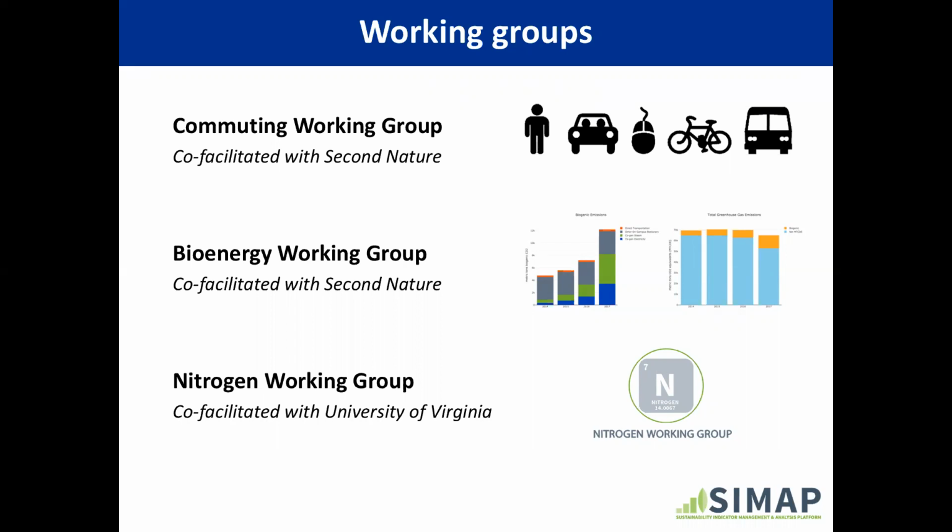The Bioenergy Working Group has been continuing to consider questions about biogenic emissions and campus land management, and provided feedback on the biogenic report that we shared today. And the Nitrogen Working Group was just launched very recently, co-facilitated with the University of Virginia. If you are interested in participating in any of these working groups, please reach out to us.